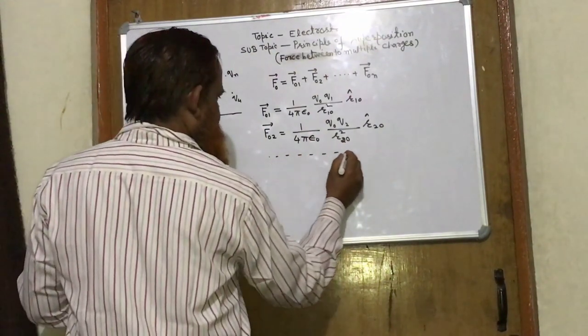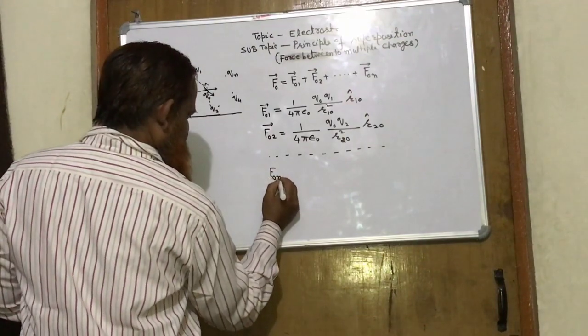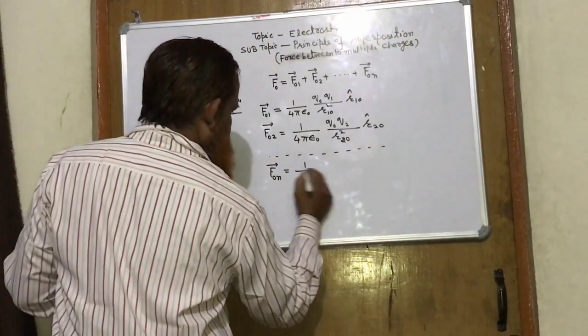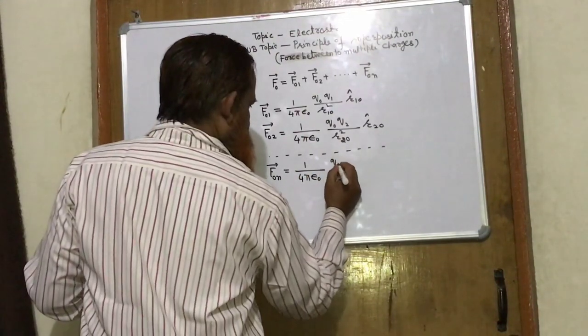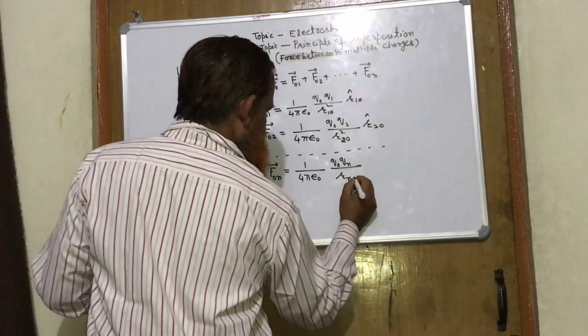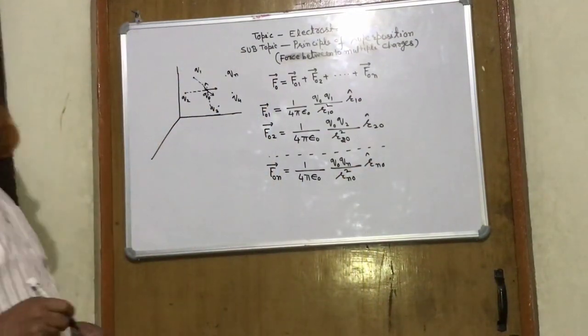In the same way, we can find the force due to Qn: 1 upon 4 pi epsilon naught Q naught Qn upon Rn0 square. Understand?